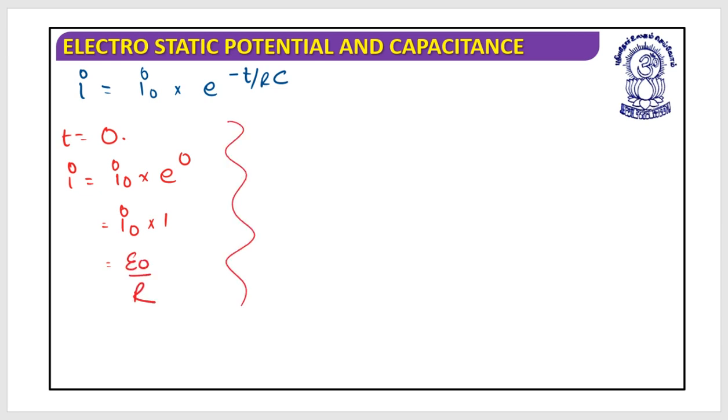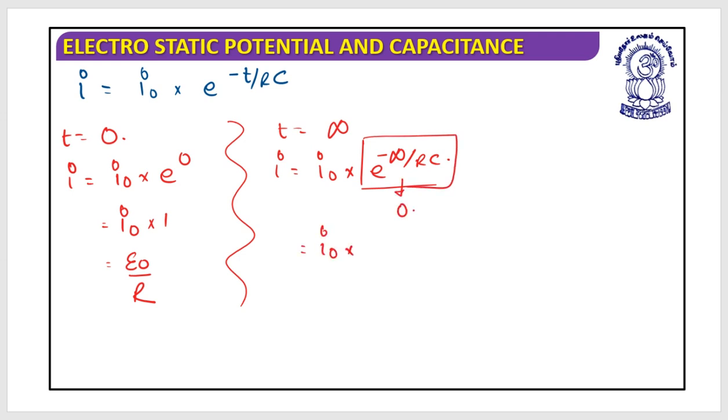Now, at one more instant, at t = infinity. I = I naught e^(-infinity/RC). So this total term will be 0, and anything multiplied by 0 will give me 0. And last but not least, t = RC.